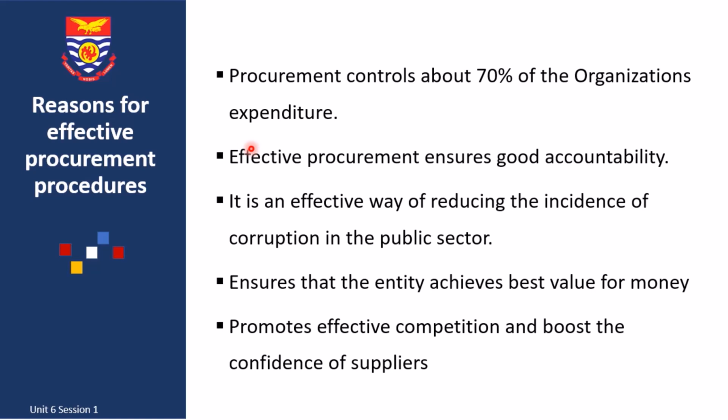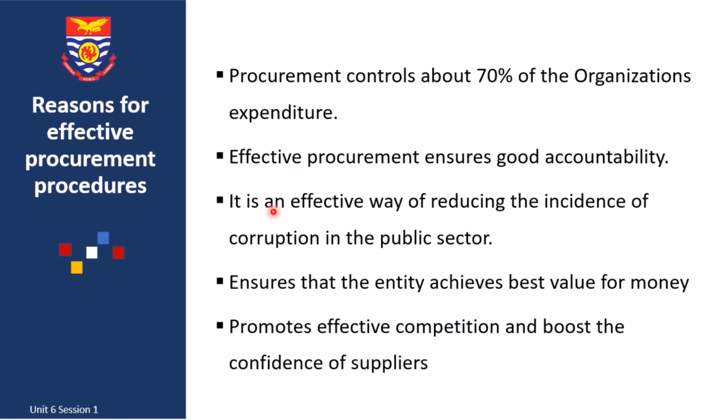fraudulent activities. Effective procurement ensures good accountability. The procedures help to ensure that people who spend the funds of the organization are able to provide the justification as well as the grounds for using those funds.